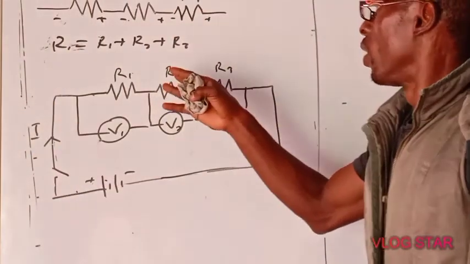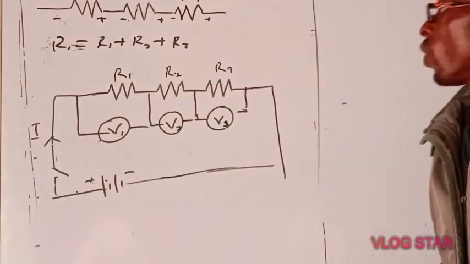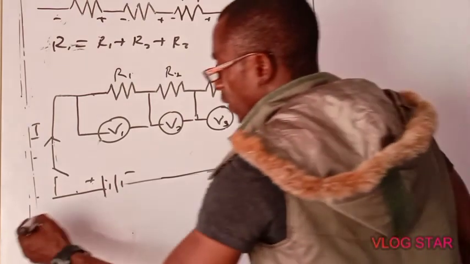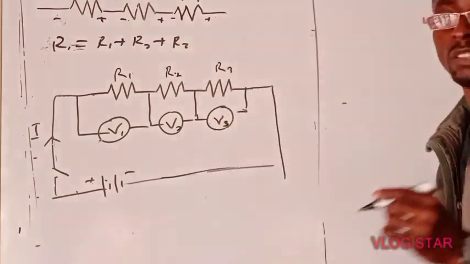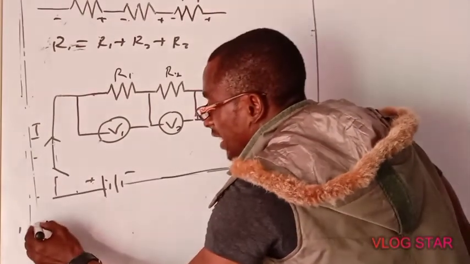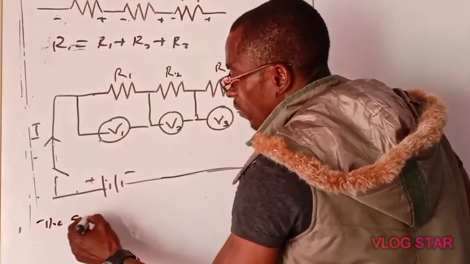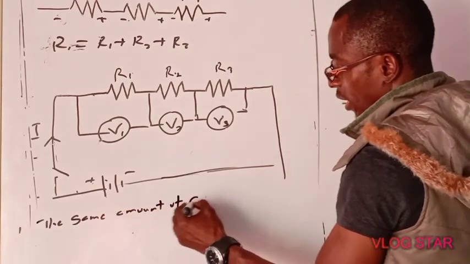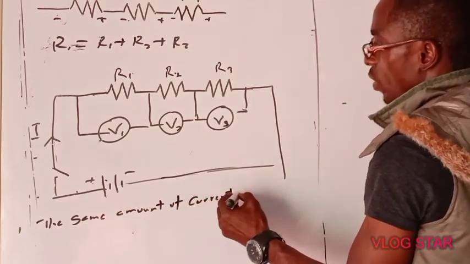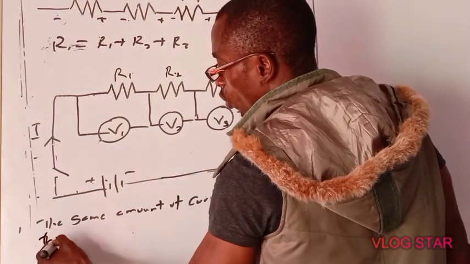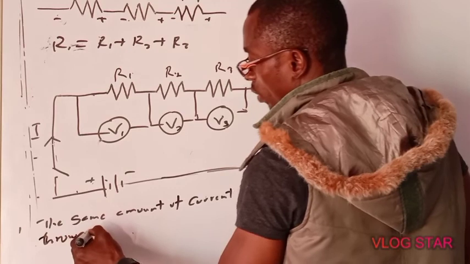Now, write this. I'm coming. In series arrangement, one, the same amount of current flows through them.